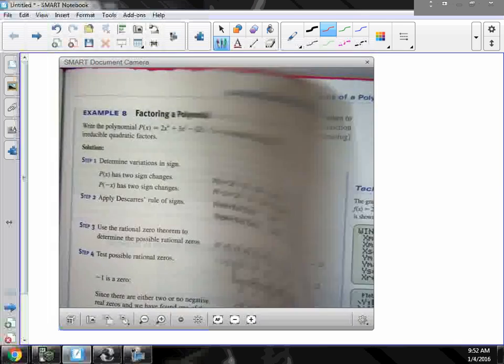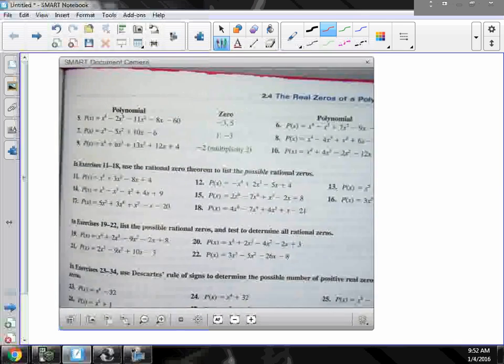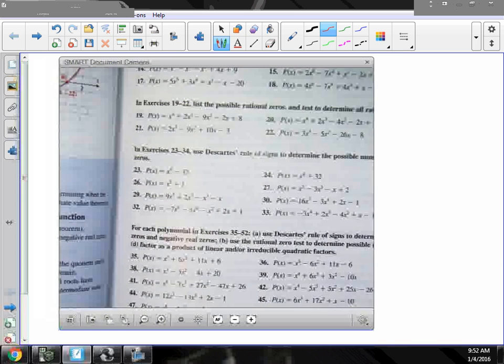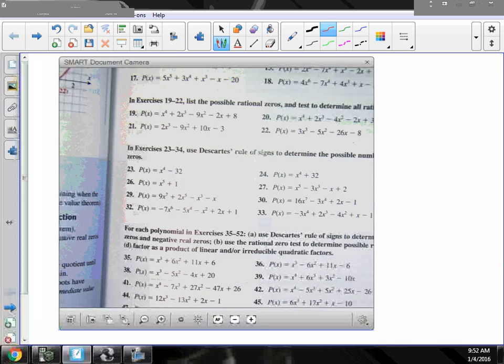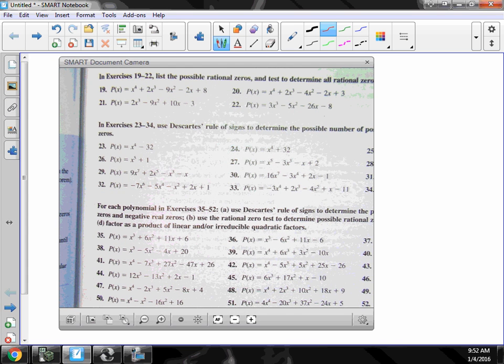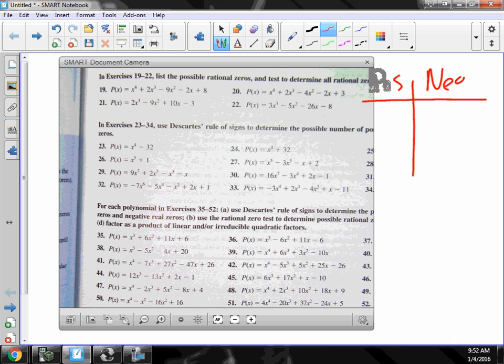It might seem difficult, but it's actually really easy to do. Okay, so 19. So positives, negatives. How many sign changes are there in 19?